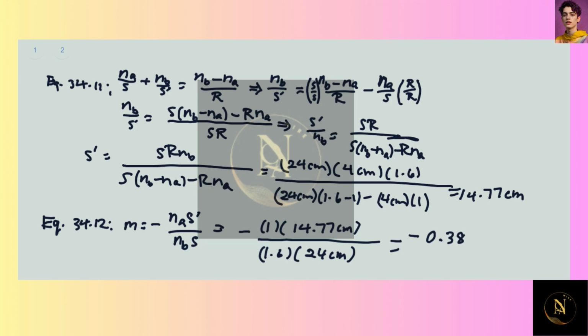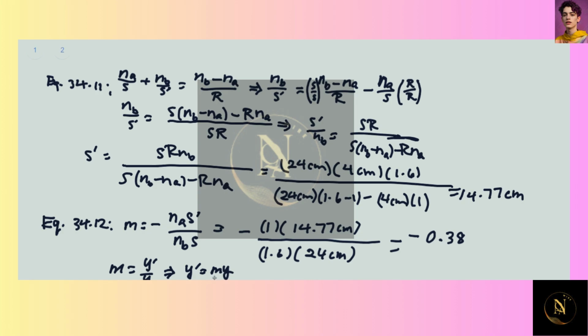0.38. Okay, and also in this very same equation, we have m is equal to y prime over y. Okay, and we can isolate basically y prime, so then y prime is equal to m y.